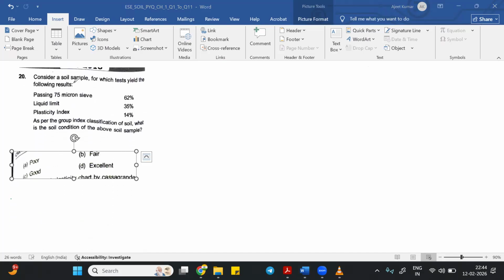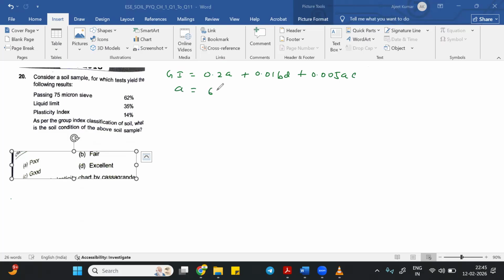Question number 20. Consider a sample for which tests yield the following results: passing 75 micron 62, liquid limit, plasticity index. As per the group index classification of soil, what is the soil condition of the above soil sample? So the group index is equal to 0.2A plus 0.01BD plus 0.005AC.